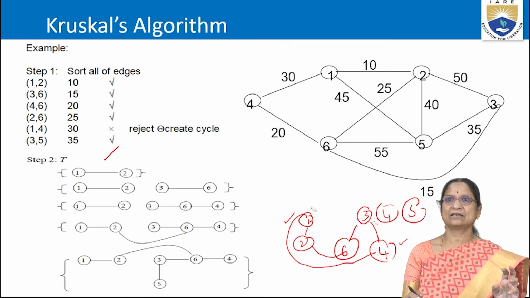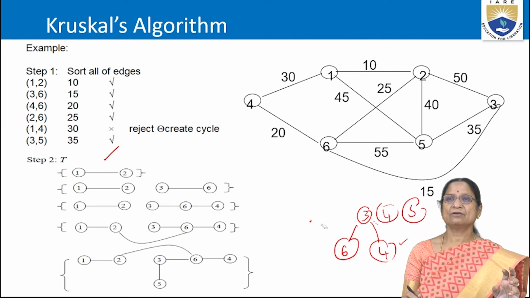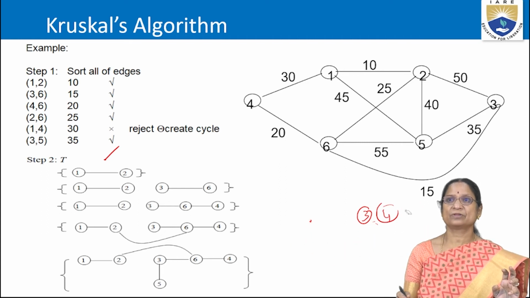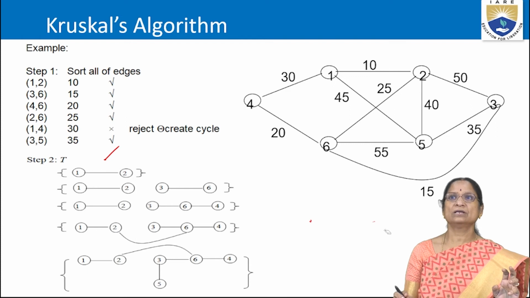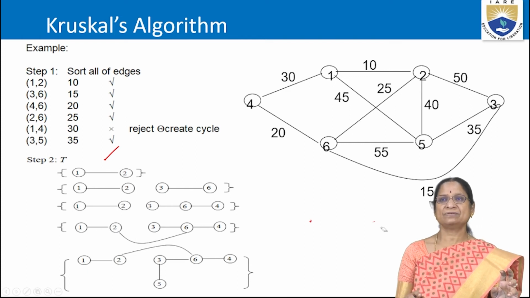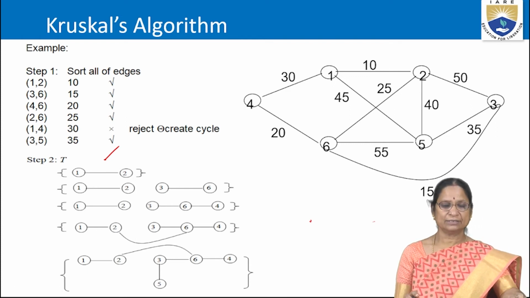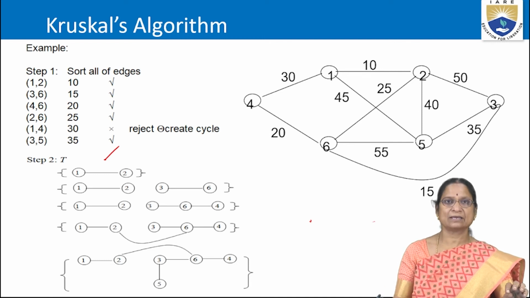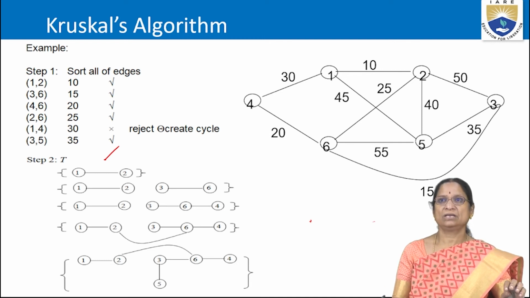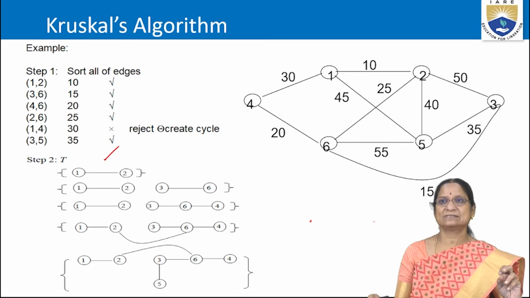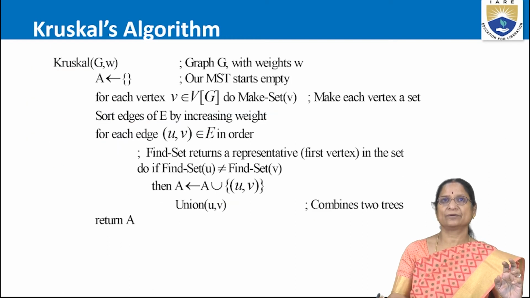This will become a cycle. So that's why it is going to be rejected. After that, 3 5 is there. So adding 3 5 is considered: 3 belongs to a different set and 5 belongs to an individual set, so that can be added.